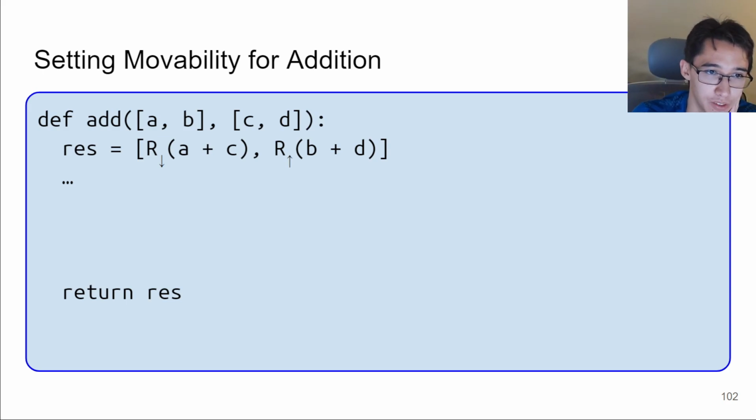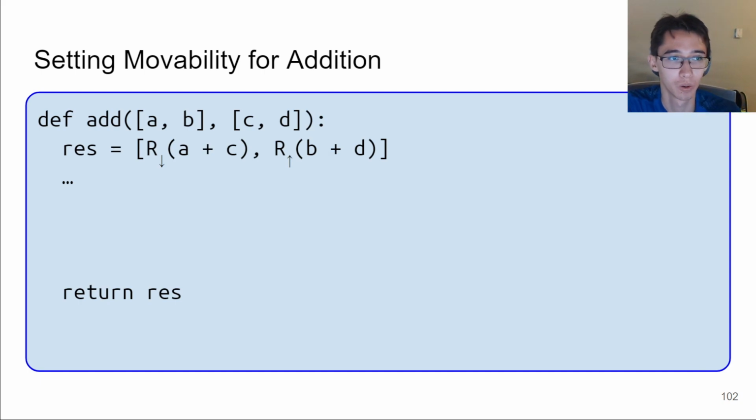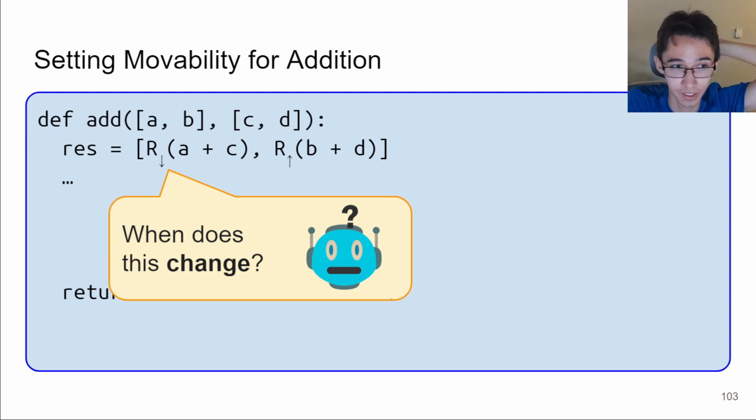But now, after we have computed this interval, we also want to set and propagate the movability flags. So the question we are asking is, when does this left endpoint or the right endpoint change? And really we want, when does it change when you change the precision or the inputs?